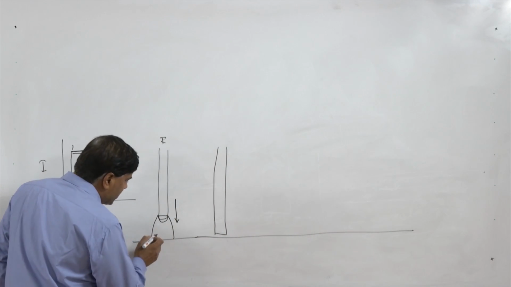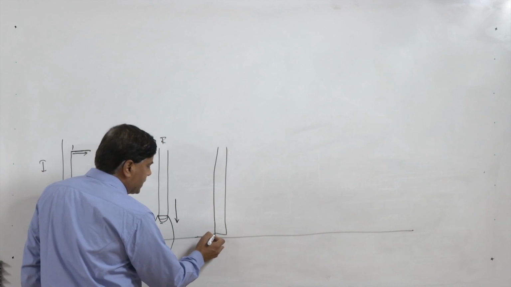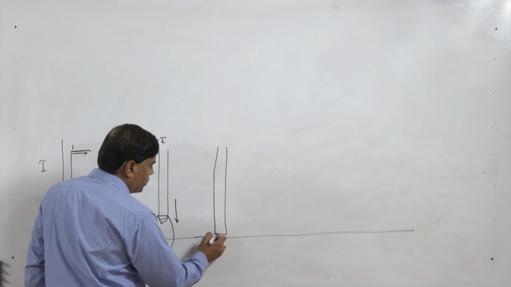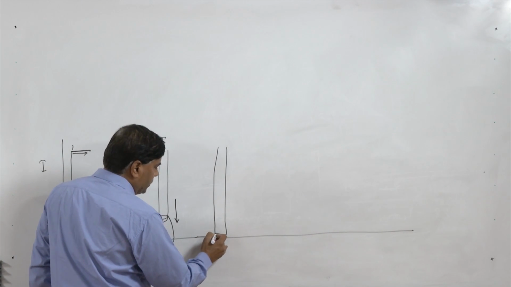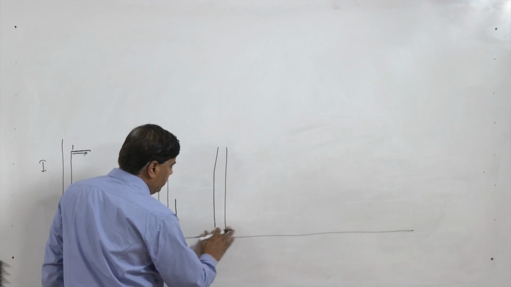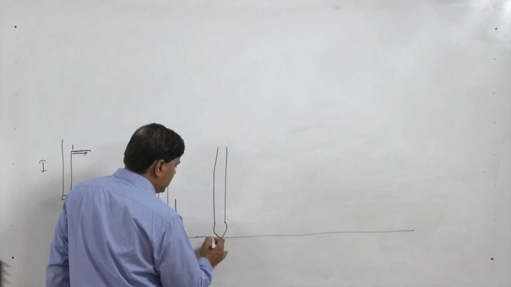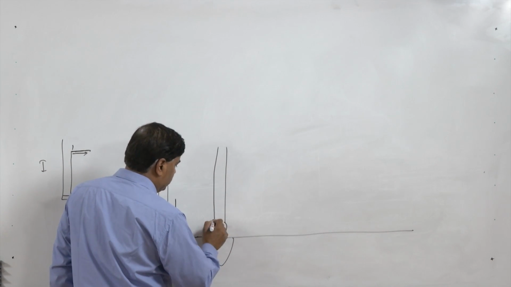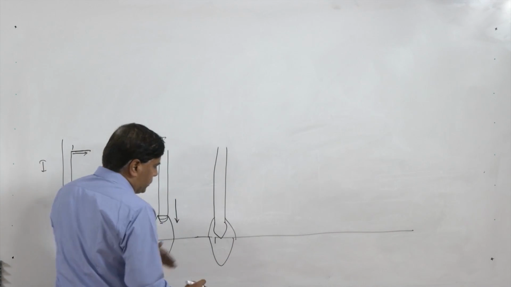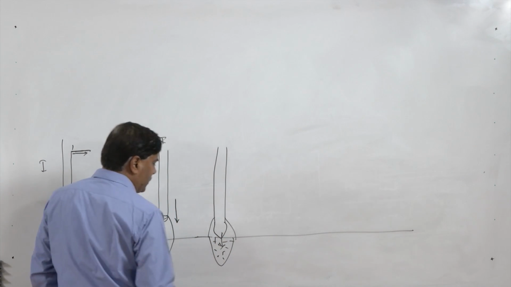As the electrode is advanced, the drop will be touching the pool. Like say this is the drop hanging at the tip and it just touches the pool. As soon as it touches the pool, the drop will get transferred.